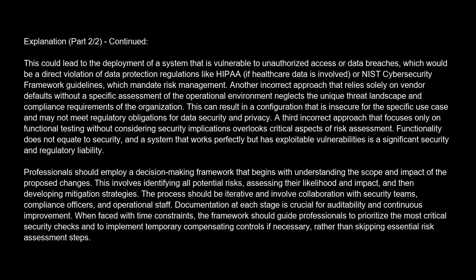This involves identifying all potential risks, assessing their likelihood and impact, and then developing mitigation strategies. The process should be iterative and involve collaboration with security teams, compliance officers, and operational staff. Documentation at each stage is crucial for auditability and continuous improvement. When faced with time constraints, the framework should guide professionals to prioritize the most critical security checks and to implement temporary compensating controls if necessary, rather than skipping essential risk assessment steps.